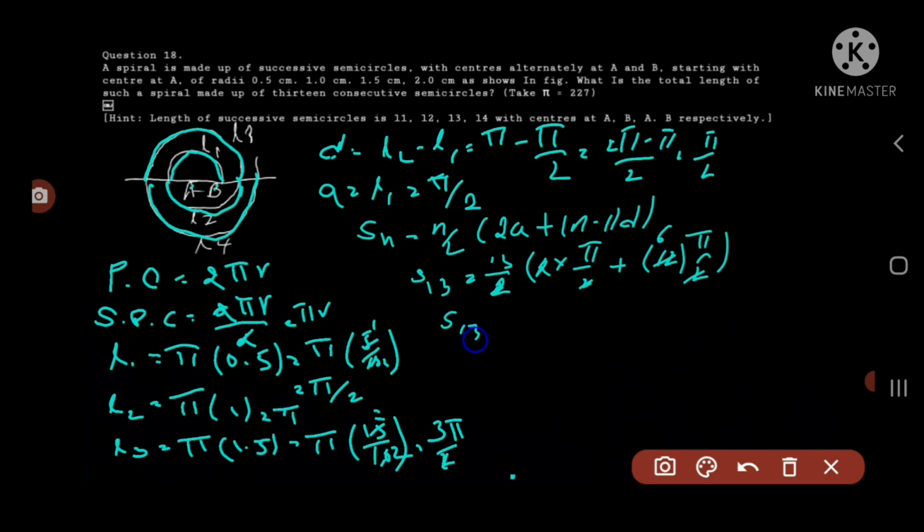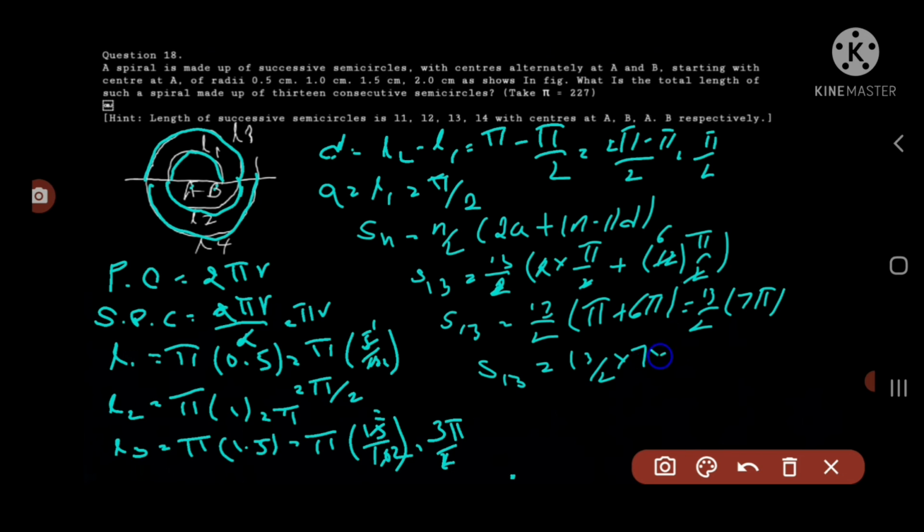Now S13 is equal to 13 by 2 into what is left here, pi plus 6 pi. Pi plus 6 pi is 7 pi. That means S13 is equal to 13 by 2 into 7 into pi, whose value is 22 by 7.